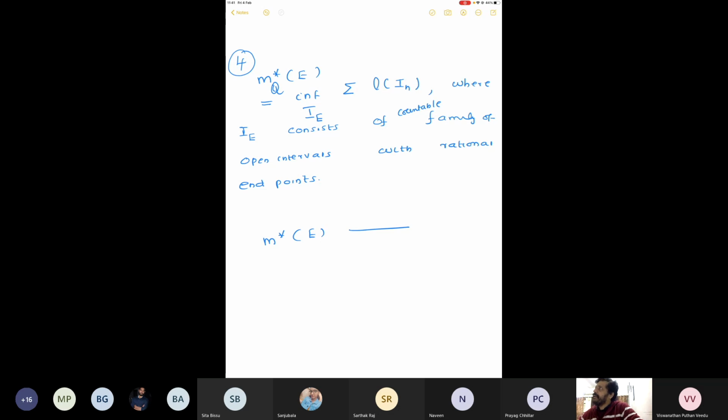In mQ*(E), you are using a restricted family, and in m*(E), you are using a larger family and then taking the infimum. So it is like an infimum over a superset. Infimum over a superset is always less than or equal to the infimum over the original set. Therefore we clearly have m*(E), in whose definition you have a larger collection, is less than or equal to mQ*(E).